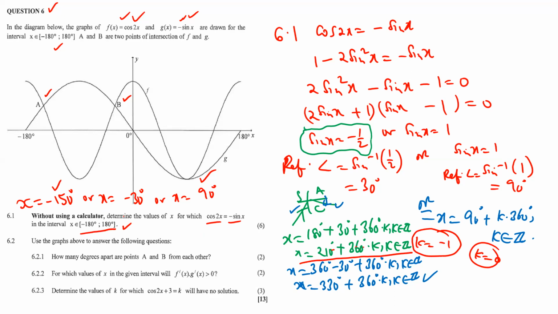Right. You come to the last equation. When k equals minus 1, you substitute everything, which is minus 30 degrees.